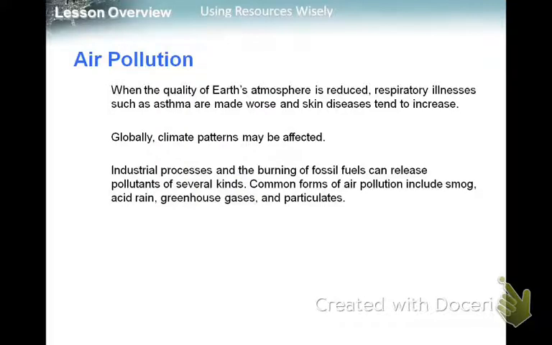When we have air pollution, respiratory illnesses like asthma are made worse, and skin diseases tend to increase. Climate patterns can be affected. Industrial processes and the burning of fossil fuels can release pollutants of several kinds, including smog, acid rain, greenhouse gases, and particulates.